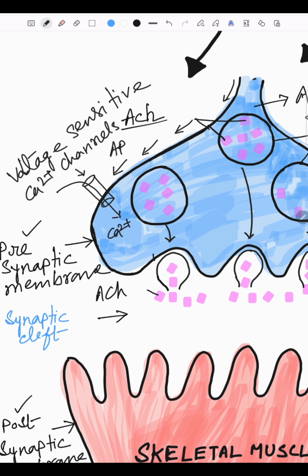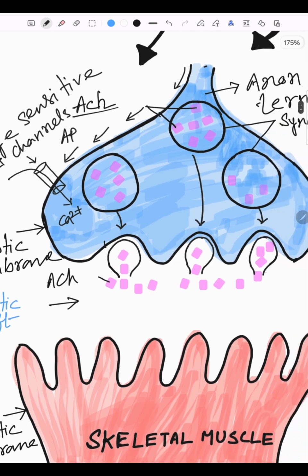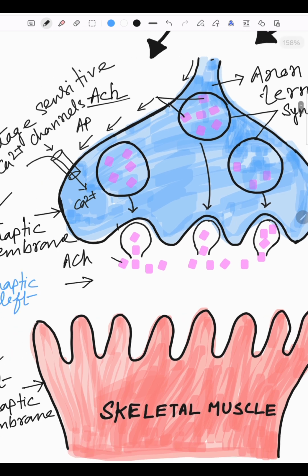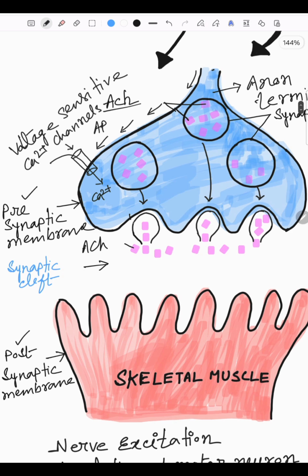Basically this calcium, with some other proteins like synaptobrevin and syntaxin, pulls the vesicles towards the presynaptic membrane, and then they help to release the acetylcholine molecule into the synaptic cleft.